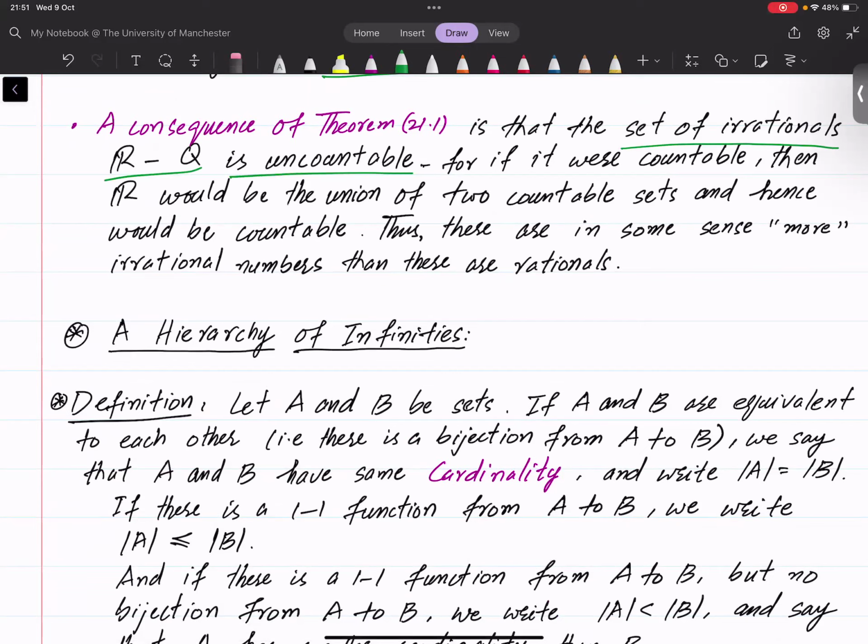For if irrationals were countable, then we could use the union of rationals and irrationals to say that real numbers are countable, but real numbers are uncountable. If it were countable, then R would be the union of two countable sets, and hence would be countable. Thus, there are, in some sense, more irrational numbers than there are rationals.